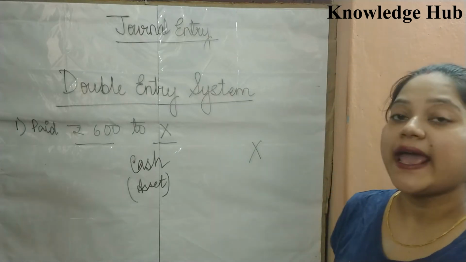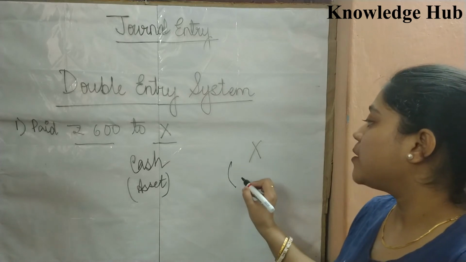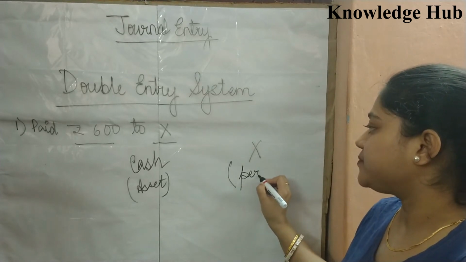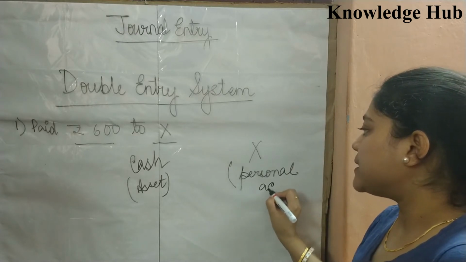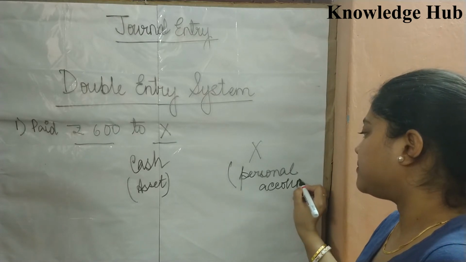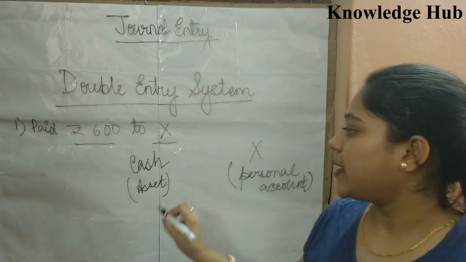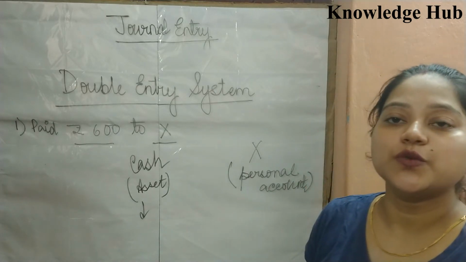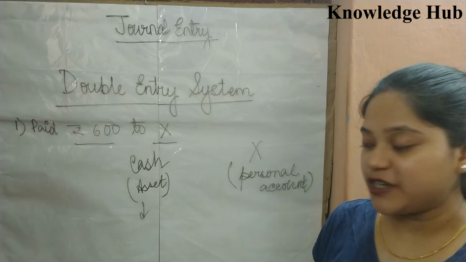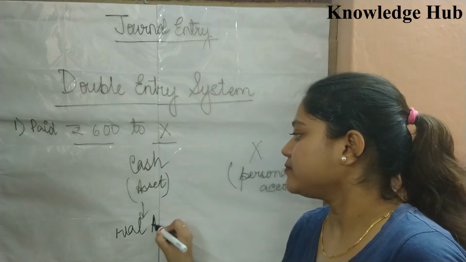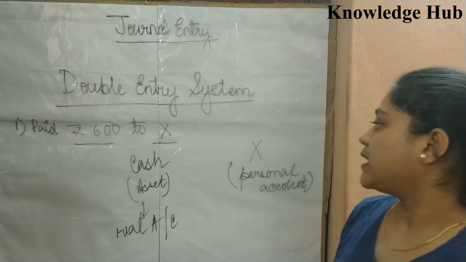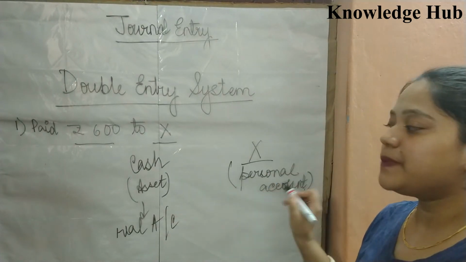The second one, X, is a personal account. It represents a person, so it's a personal account. And being an asset, according to the traditional approach, cash is a real account.